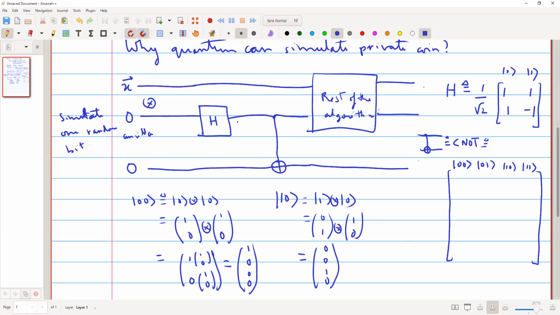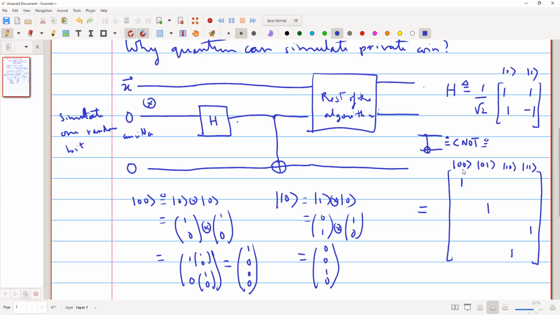Okay, so let me write down what this matrix is. What it does is it sends 0, 0 to 0, 0, okay, 0, 1 to 0, 1. Okay. Then the name control knot becomes clear.